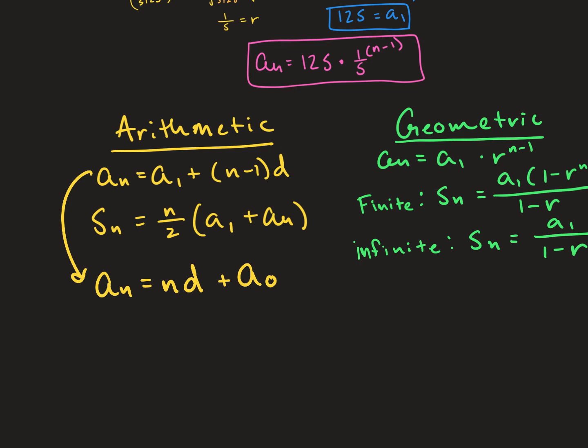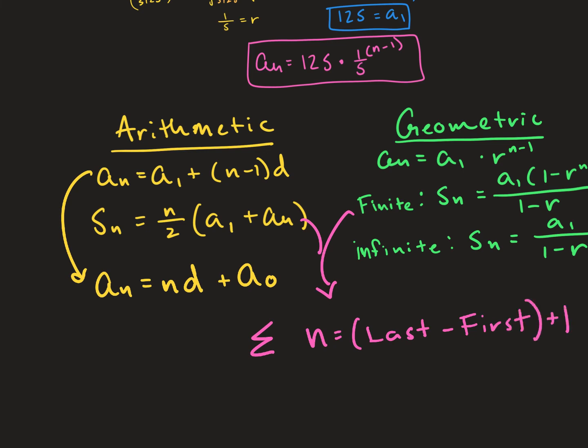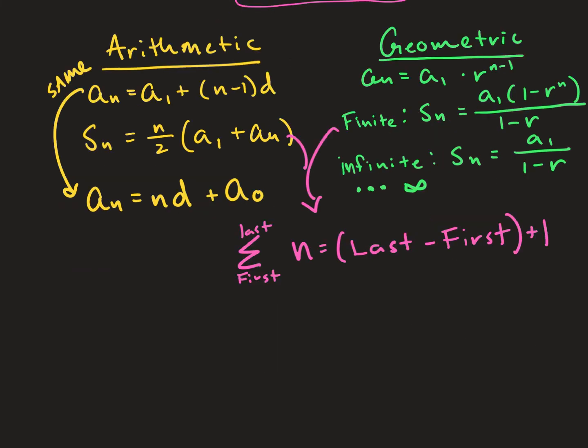To find n, when it's the little squiggly line, you take the last one minus the first plus 1.